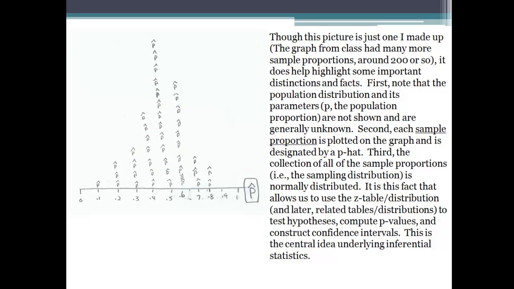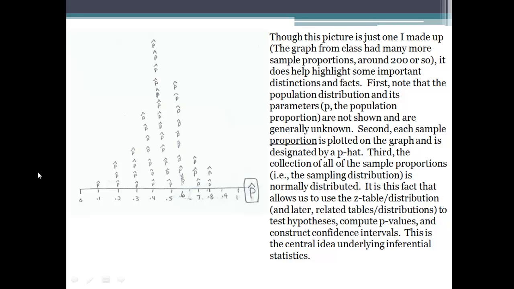Here's one that I just drew on my own, just to show you what the symbols are and how it fits in. Of course, this isn't as many proportions as the students in the class drew on the board, but what I do want you to notice is that each one of these p-hats represents one sample. So when they had 10 samples, they might put one p-hat as 0.6, another one as 0.4, and another as 0.3, and just keep stacking them up.